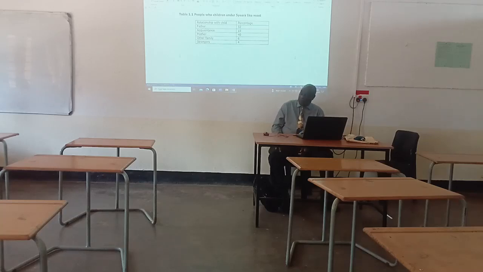Apart from the title, the columns in your table should also be labeled, both horizontal and vertical columns.